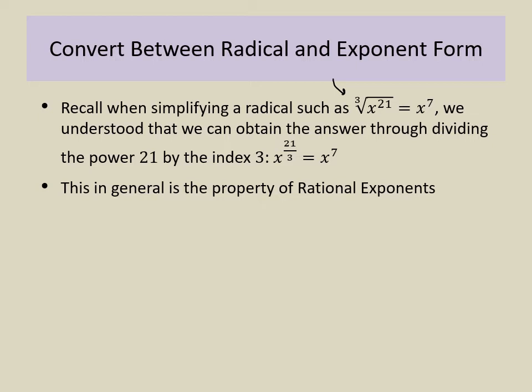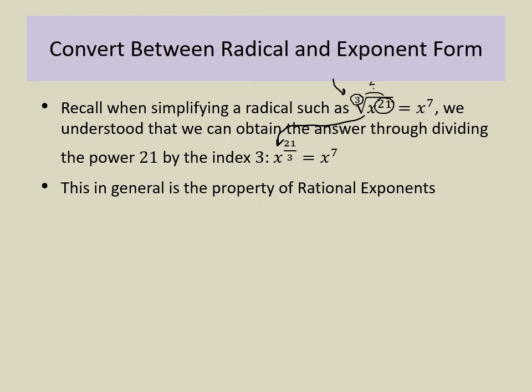Well, we were taking the power and dividing it by the index, correct? So the cube root of x to the power of 21 is x to the power of 7. So if I write this explicitly, this becomes x to the power of 21 divided by 3. I can write it like this.